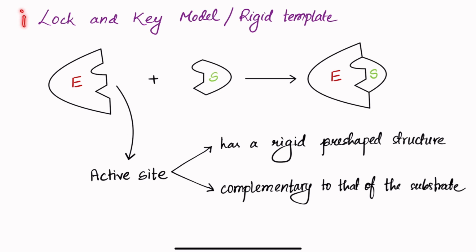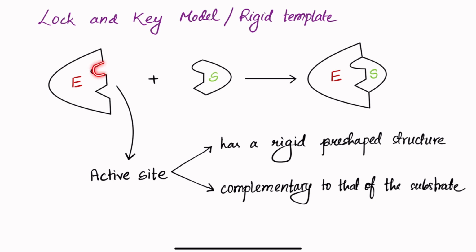First is the lock and key model, which is also called the rigid template model. In this particular model, there's your substrate. This substrate binds with the enzyme and forms the enzyme substrate complex. The site of the enzyme where the substrate binds to is called the active site of the enzyme. And the active site of the enzyme in this particular model, as you can see, has a pre-shaped structure.